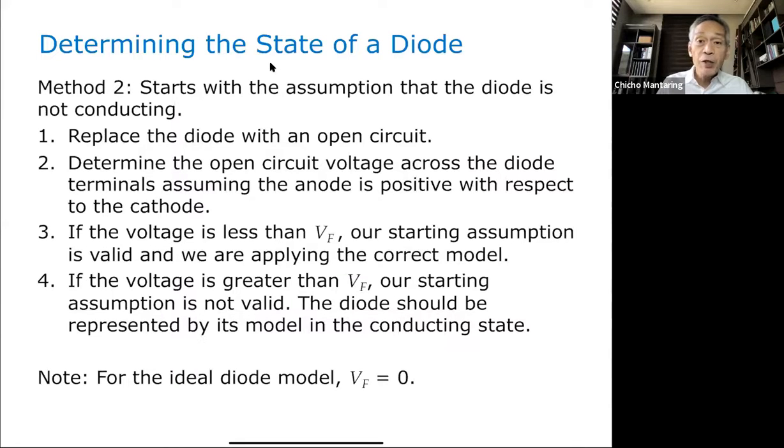Actually, in the first model, the ideal diode model, we can consider that to be the model where your forward voltage is equal to 0.